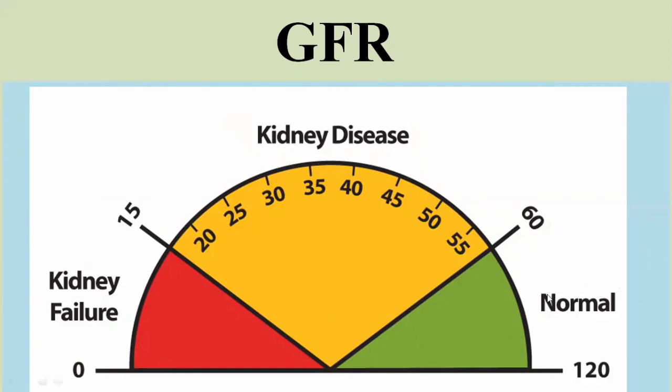So the normal value is 125 milliliters per minute. A GFR value between 60 and 125 is normal if the GFR comes within this range. Below 60 down to 15 indicates kidney disease, and below 15 indicates kidney failure. So the glomerular filtration rate detects the amount of filtrate formed by all the nephrons of both kidneys.